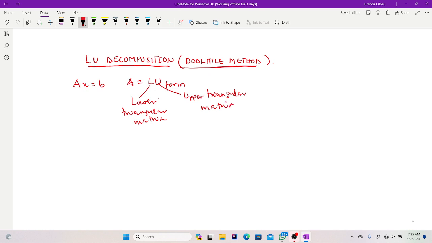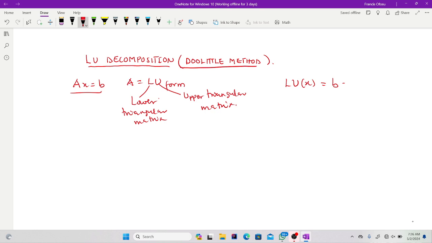Right. So once we have been able to decompose A into LU form, how do we solve our system then? We realize that if A = LU, this equation becomes LUx = b. Is that not it? And you know that in solving systems of equations, the goal is to find the values of what? x.